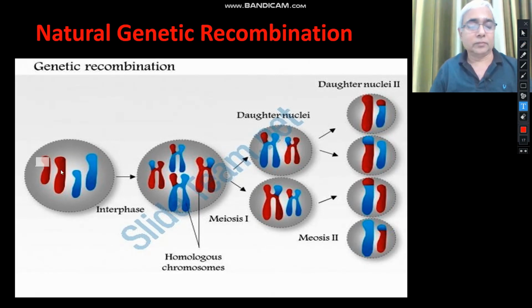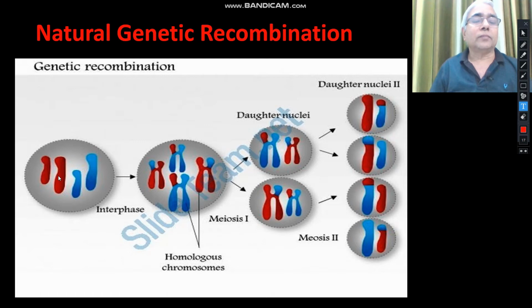Suppose this chromosome has genes responsible for green seed and wrinkled seed, and this part of the chromosome has the genes responsible for yellow seed and round seed.